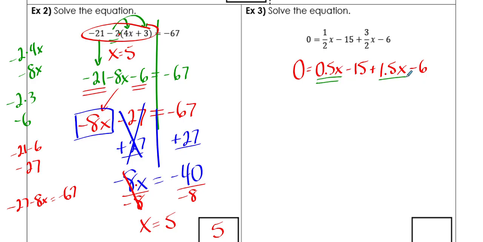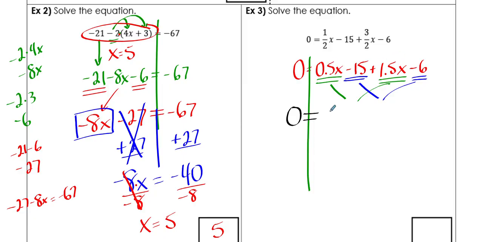I'm going to put these two together. Remember, that's all just working on one side of the equal sign, so I don't have to do anything on both sides. I'm just putting these two together. And then separately, I'm going to put these two together. So it gives me 0 equals 0.5 plus 1.5, which would just give me 2, so that becomes 2x.